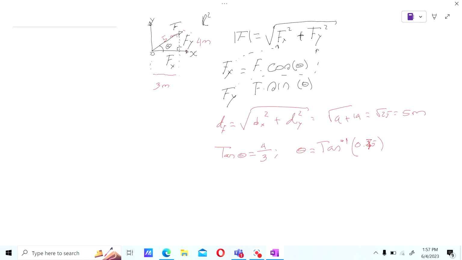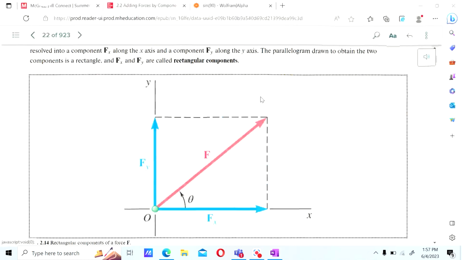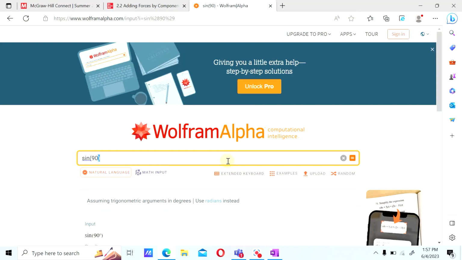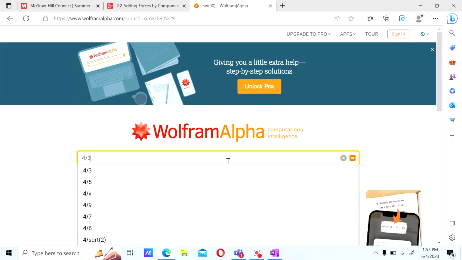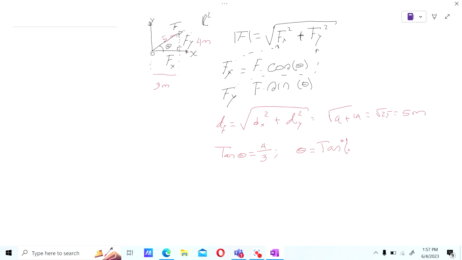Actually, I'm thinking of 3/4. 4/3 is bigger than 1, so let's go ahead and compute that number. What is 4 divided by 3? 1.33. So tangent inverse of 1.33.